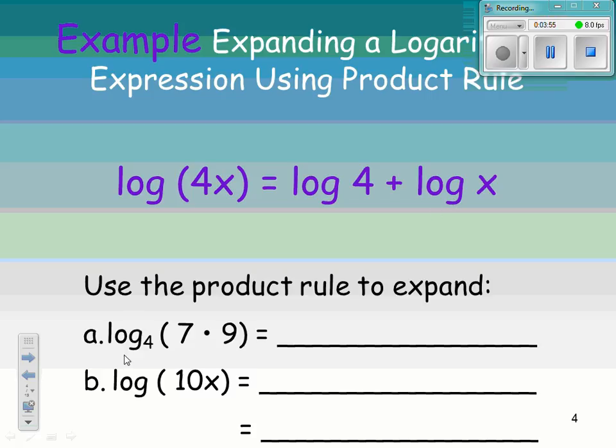Okay, so let's try it down here. For example A, I've got log base 4 of 7 times 9. We're multiplying right here. So what we're going to do is write this as two separate logs. The first part is going to be log base 4 of 7. So I grab the first part.